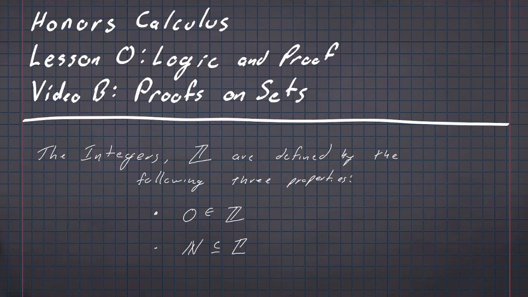We'll introduce this idea of 0 because it's useful to us. And then the third property, the integers are useful because of the way that positives and negatives behave. And we describe that by saying that if n is an element of the integers, then the opposite of n is also an element of the integers.